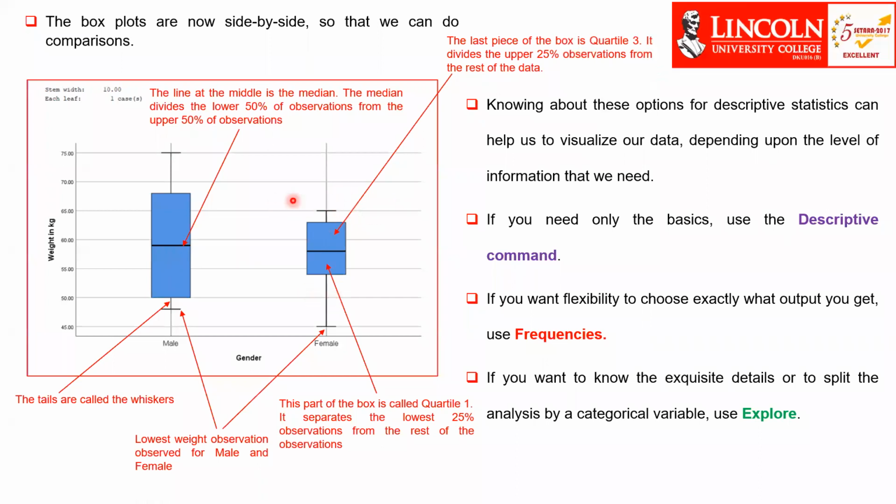And before I go there, let's quickly look at some of the components of these box plots. You can see there's a line here and another line here. There's a line here, there's another line here. Both lines beneath are referred to as the lowest observation in weight. So we can say these are the lowest weight observations for male and female.